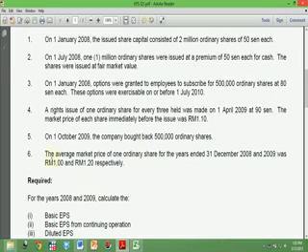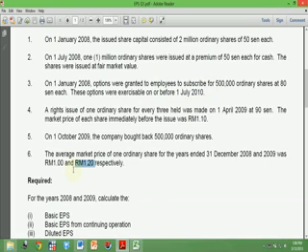Finally, the average market price of one ordinary share for the years ended 31st December 2008 and 2009 is 1 ringgit and 1 ringgit 20 cents. So this 1 ringgit 20 cents will be used to calculate the weighted average number of ordinary shares in calculating diluted EPS for the second year.